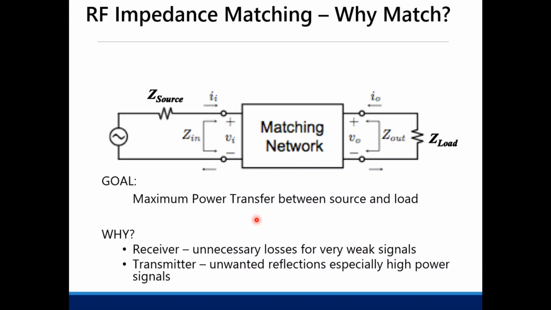For transmitters, you do not want unwanted reflections going back to your source, and it could even destroy your source, because this reflected power right here is added power that will be absorbed by your voltage source. And this is true especially for high power signals.